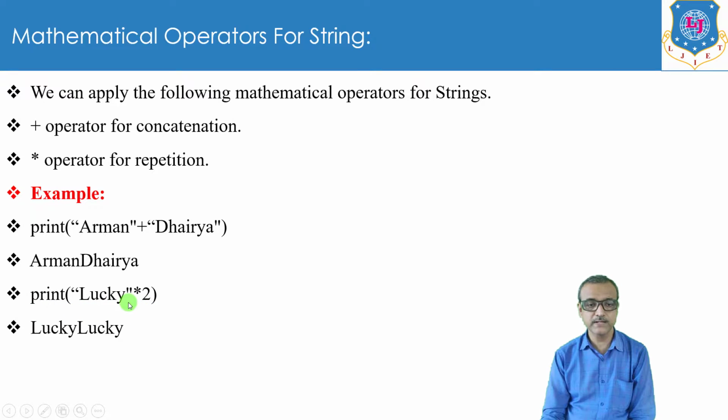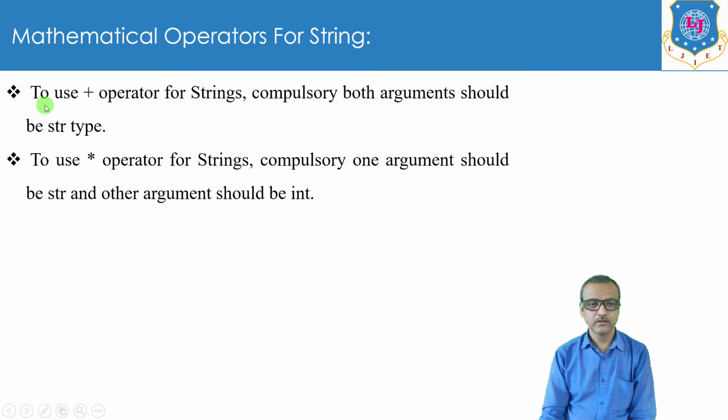So for this print statement, the output is luckylucky. To use the plus operator for strings, compulsorily both arguments should be string type. To use the star operator for strings, compulsorily one argument should be string and the other argument should be int type.